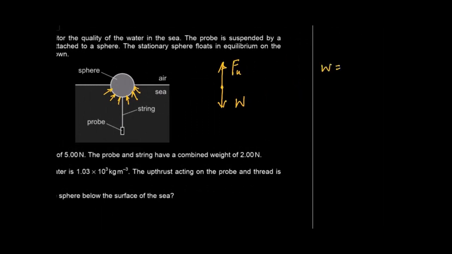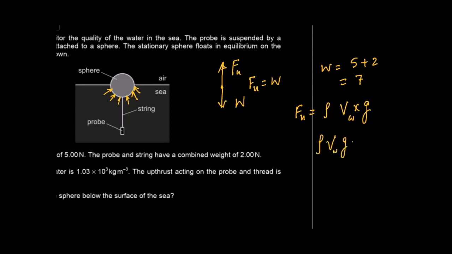So W is equal to 5 plus 2, which is equal to 7 newton total weight. So we know that the upthrust force is equal to density into volume of water displaced by the sphere into g. So from this free body diagram we can say that F upthrust is equal to W.